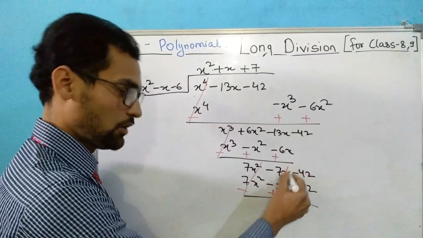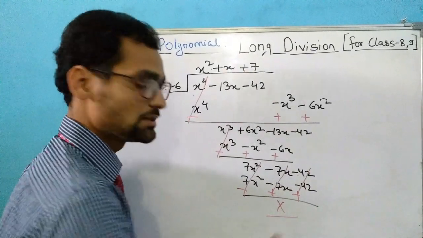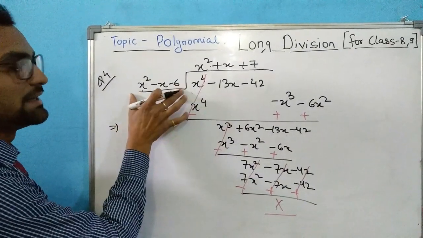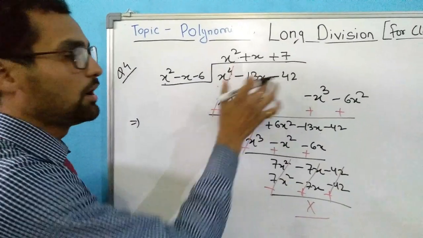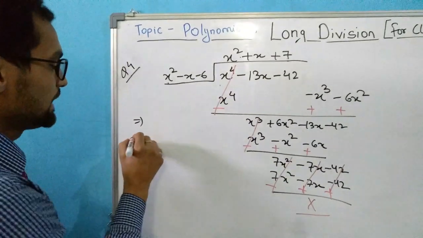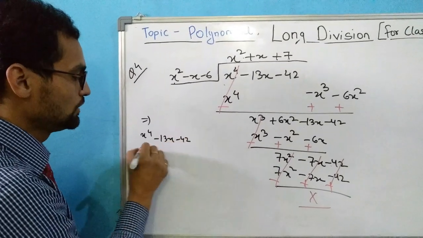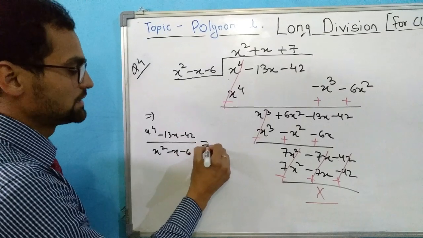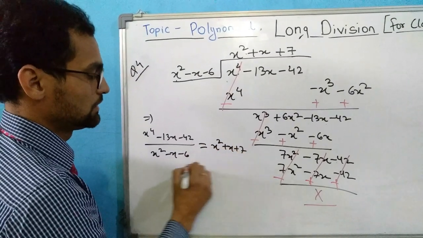Minus 7x plus 7x also cancel out, minus 42 plus 42 cancel out, there is no remainder, okay. That means this term is a perfect factor of this given polynomial. So we can write this as x to the power 4 minus 13x minus 42 divided by x square minus x minus 6 is nothing but x square plus x plus 7, okay.